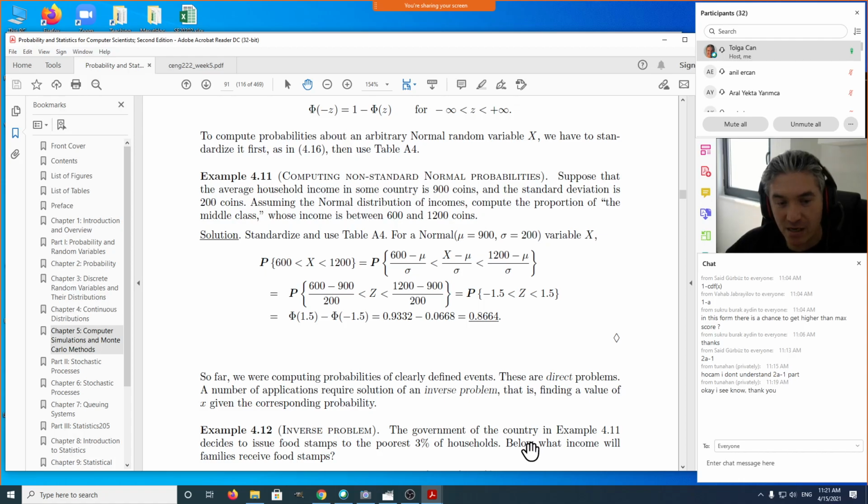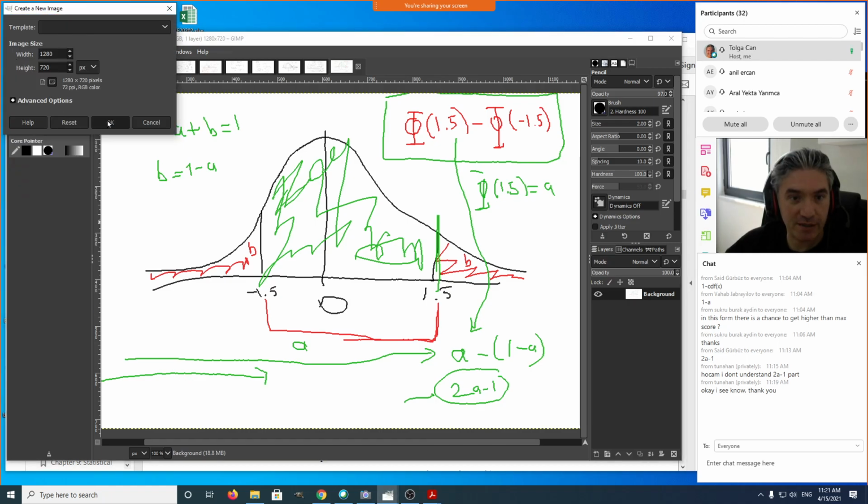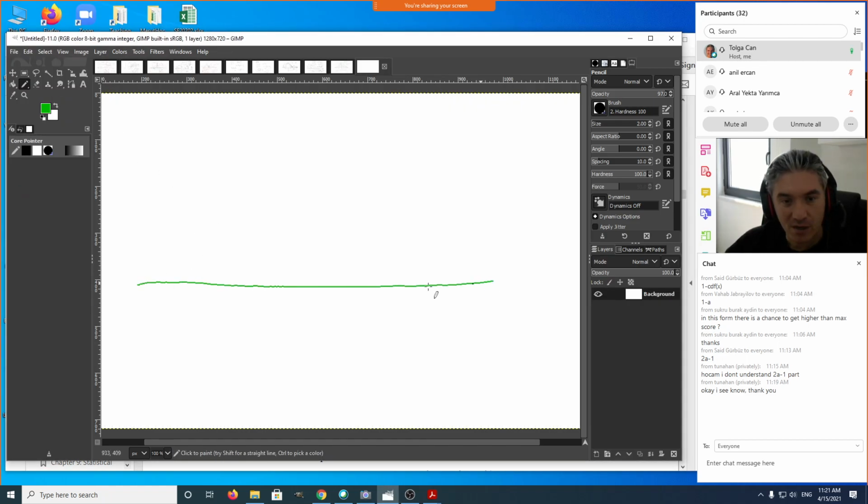Below what income will families receive food stamps? So now the question we're asked is this. We have this 900 with a standard deviation of 200. So this is the mean.